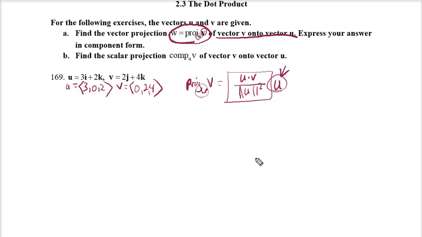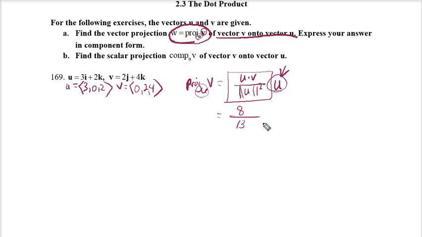Some of these I'm going to do kind of quickly because I'm sort of running low on time on my video. So the dot product of U and V, 3 times 0 plus 0 times 2 plus 2 times 4, comes out to be an 8. And the magnitude of U is the square root of 9 plus 4, which is 13, squared, which would just be 13.